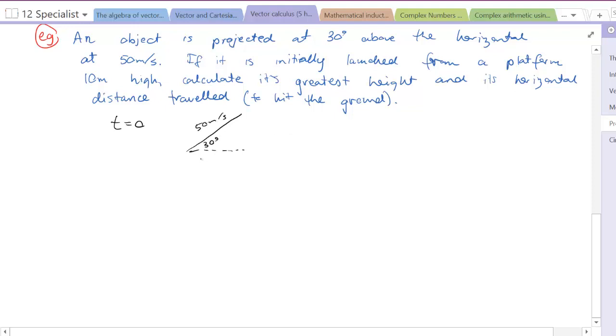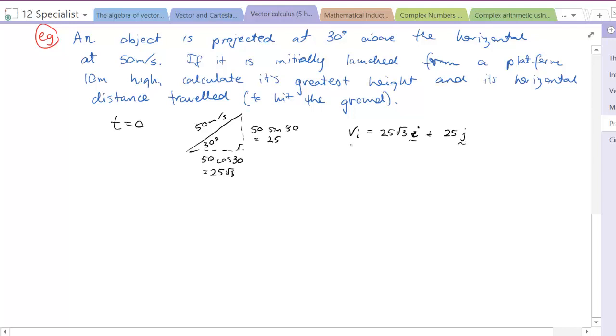So the horizontal component is going to be 50 cos 30, and the vertical component will be 50 sine 30. When we simplify that, this becomes 25 square root of 3, and this becomes 25. So v initial is 25 square root of 3 in the I direction and 25 in the J direction.